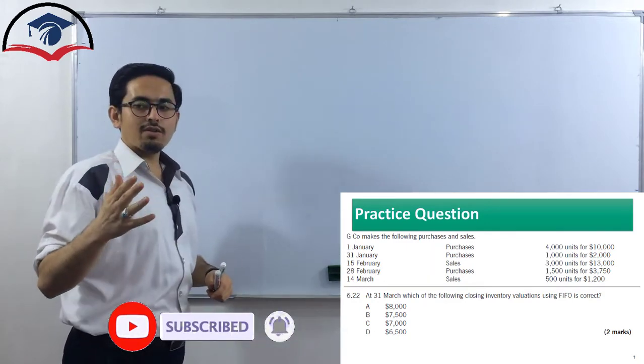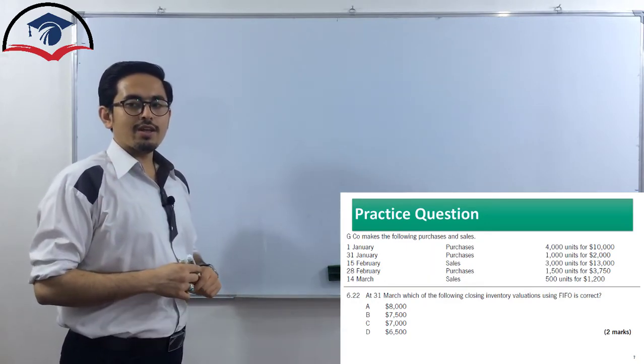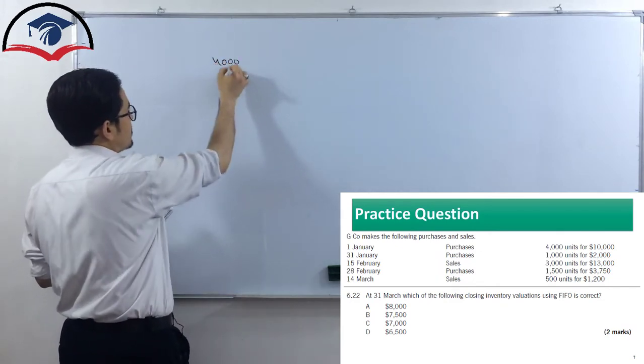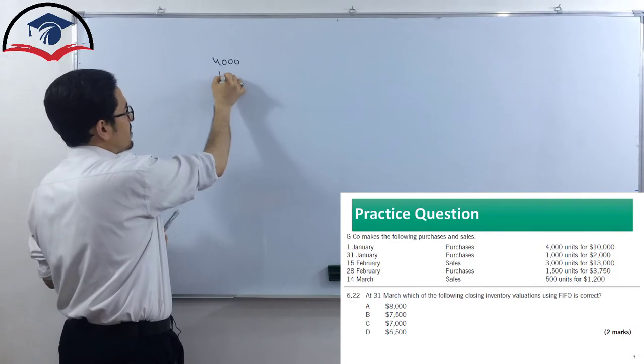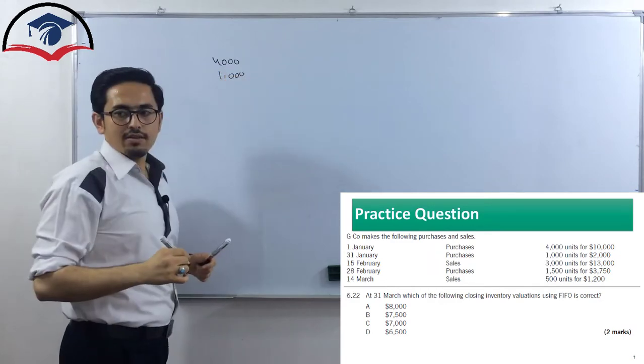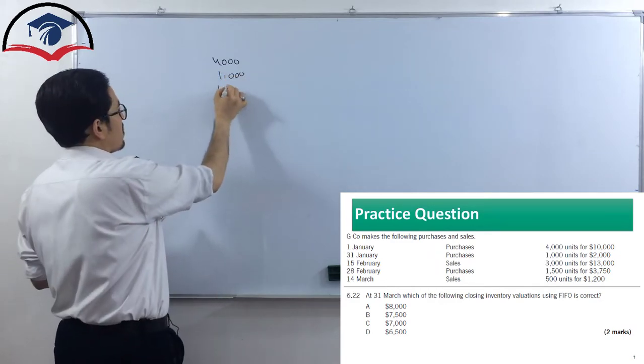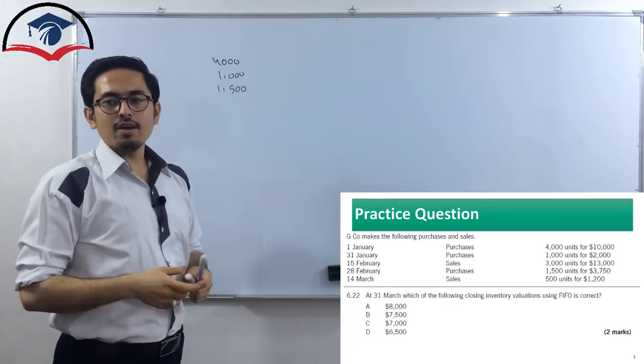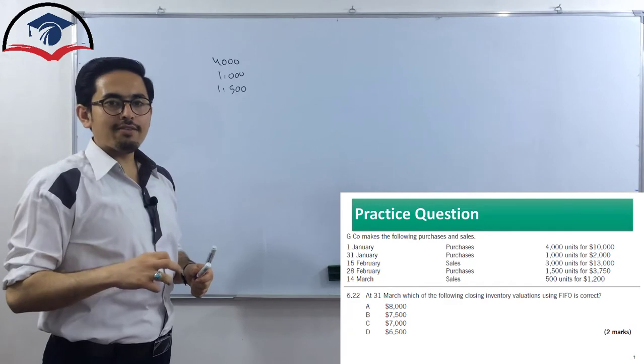We have 4,000, 1,000, and 1,500 as the receipts. What we have as receipts, 4,000 purchases, 1,000, and the remaining 1,500. But what is our issue? What we have sold is about 3,500.